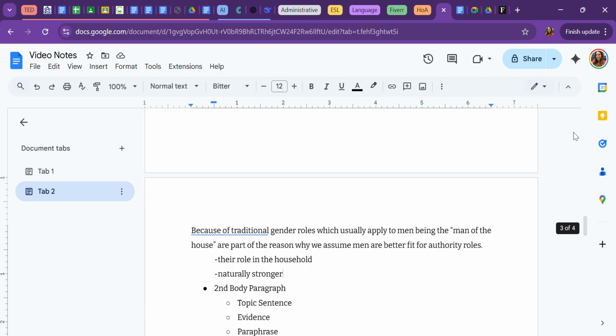Why are they naturally stronger? Because they have higher testosterone.